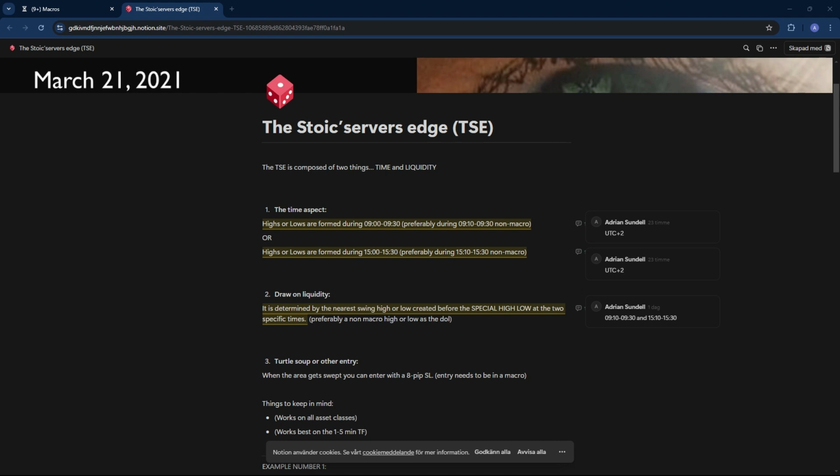So 9:10 highs and 15:10 highs are most likely to get swept, meaning it's more likely that the TSE will form. TSE is actually what it's called. I completely forgot, I said ST or something, but it's actually TSE.